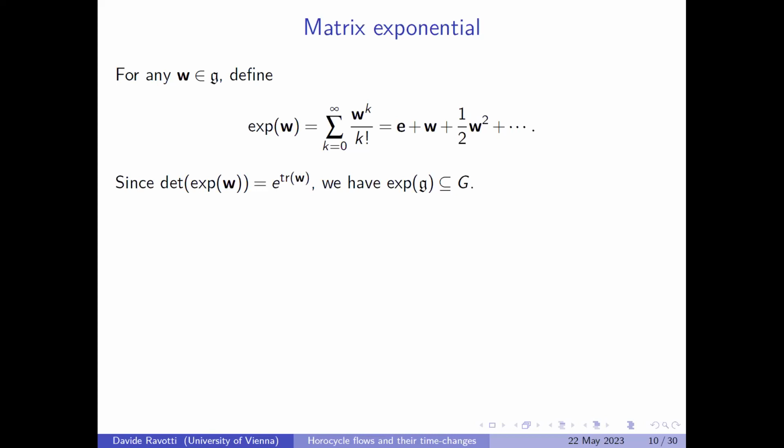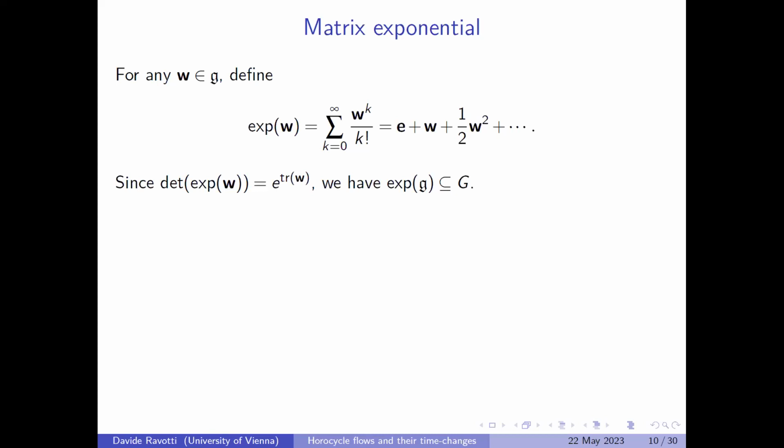One of the properties of this matrix exponential is that the determinant of the exponential of a matrix is equal to the exponential of the trace of the original matrix. If I take an element in little g, its trace is 0, so the exponential of 0 is 1, and the exponential of that matrix has determinant 1.